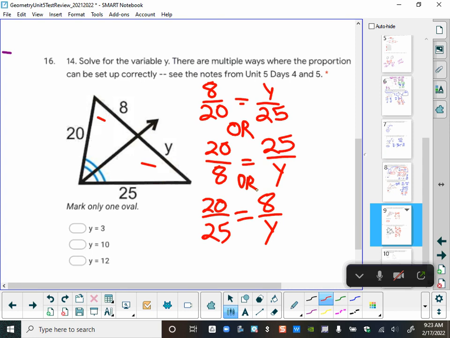Remember, there's still one more problem. And then I might throw another one just for more familiarity. That's right. Yeah, that's a different one. That's a way different one.